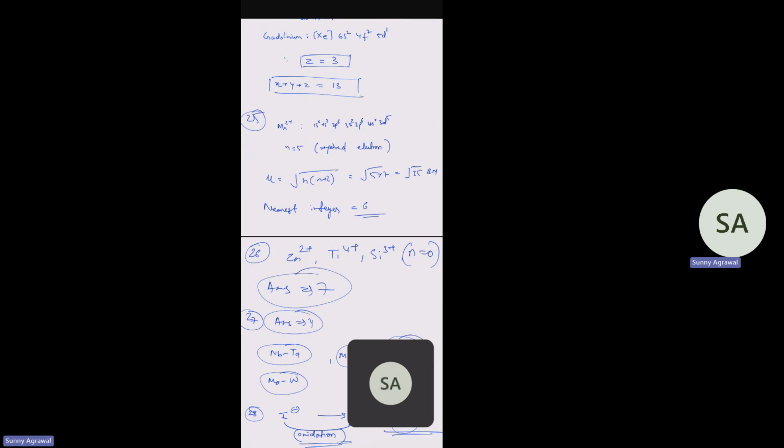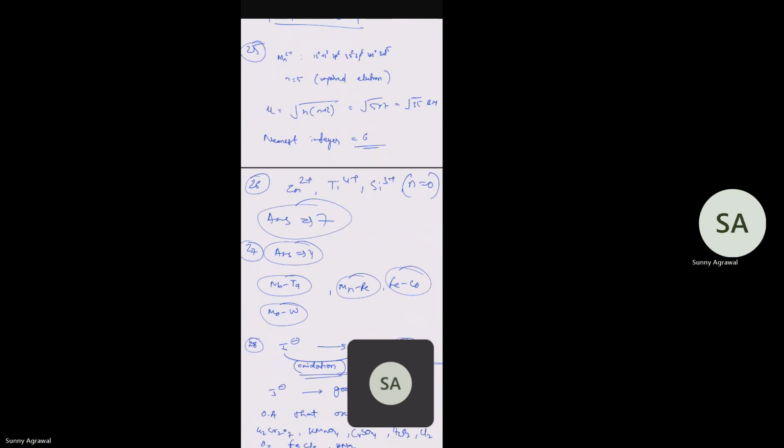Question number 26. Which of the following show color? So what you have to do is just identify the species which have zero unpaired electrons. Based on this, the answer will be 7.